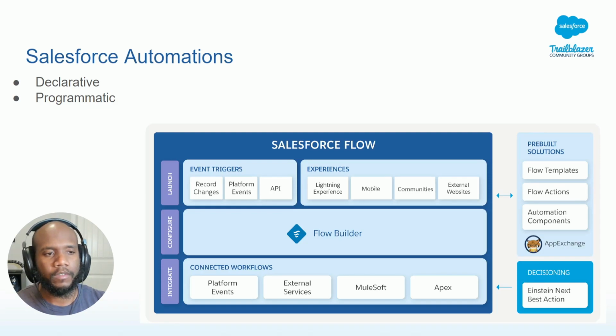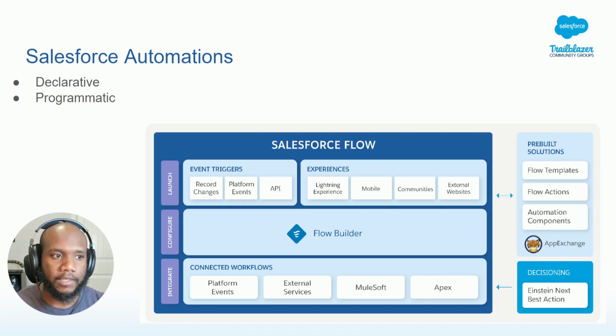So where does all of this automation fit in? Automations are more along the lines of things that automatically happen. These are processes that you can create to automatically change things, automatically have events or triggers occur, and then actions come out of those. When we look at automations, there are two main categories that I put them in, but you can break them up into a few more if you need to.